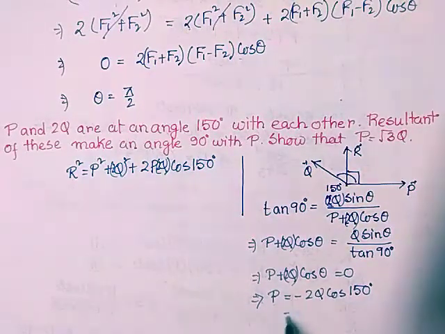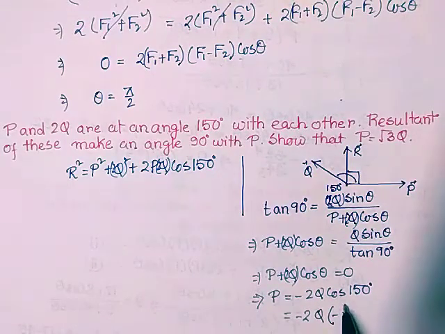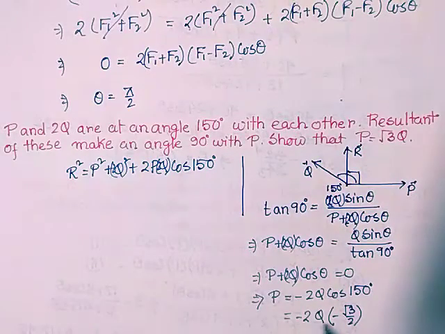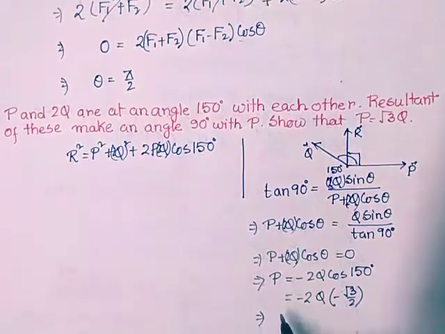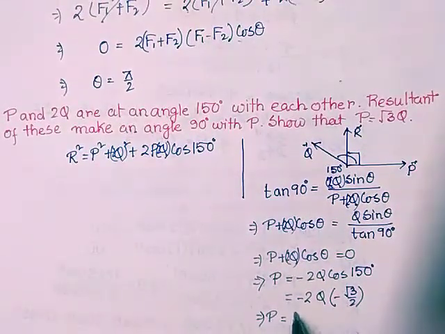What is the value of cos 150 degree? The value of cos 150 degree is basically minus cos 30 degree, so it will be minus of root 3 divided by 2. So this 2 and 2 cancels out, so the answer becomes P equal to root over of 3Q.